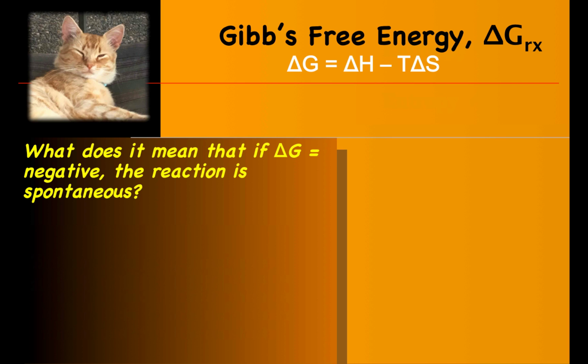So let's now go back to Gibbs free energy. What does it mean if delta G is negative and the reaction is spontaneous?